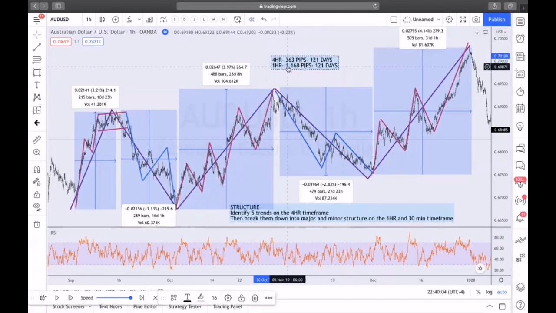Now, you guys already know based off of lot sizes, remember, a standard on 363 pips is literally $3,630, right? Now, a standard on 1,100 pips is now $11,000. So think about it like that in regards to how much more money you just made by understanding the smaller time frame. But this is now the problem.